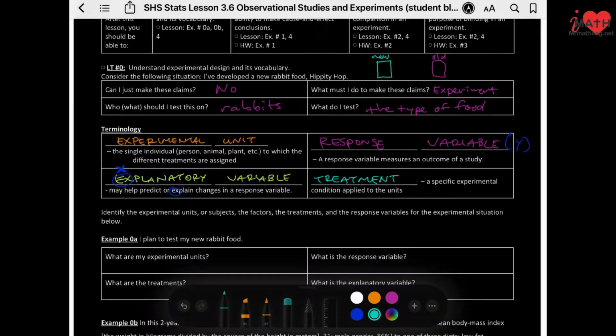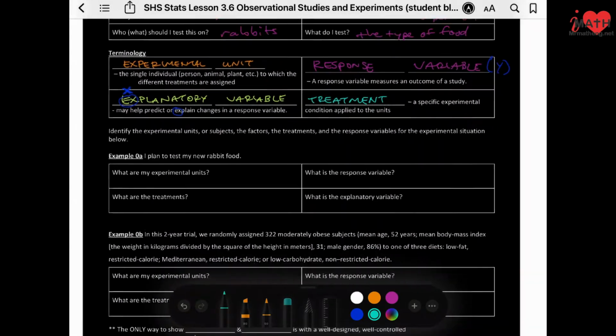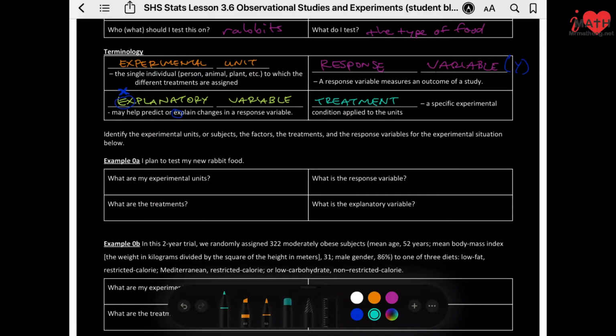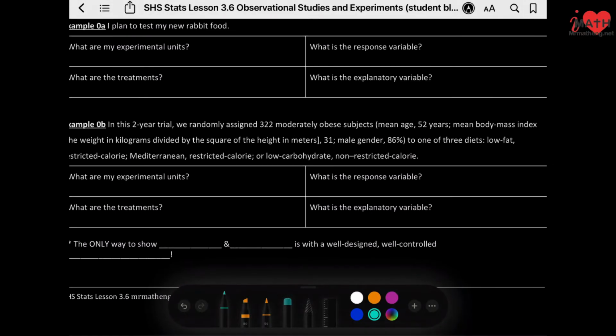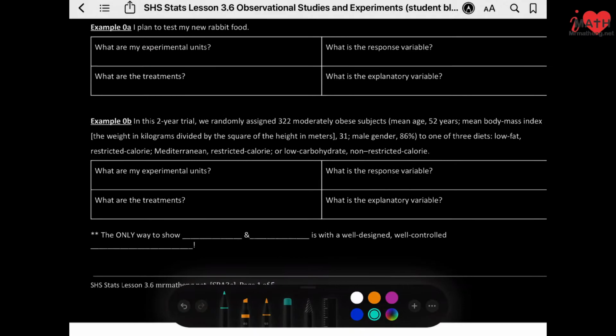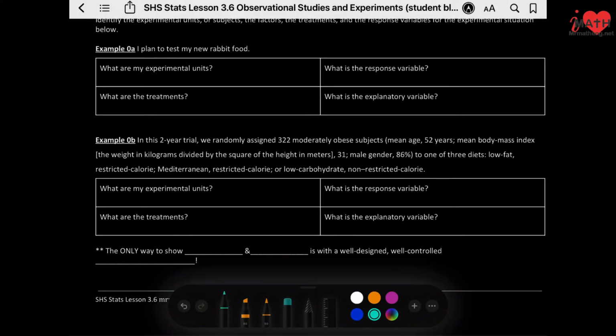Let's do a couple examples, and this might make sense. Identify the experimental units or subjects, the factors, the treatments, and the response variables for the experimental situation below. Example 0A. In this 2-year trial, we randomly assigned 322 moderately obese subjects. The mean or average age is 52 years old.